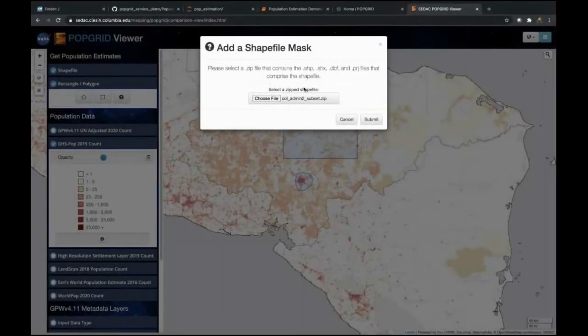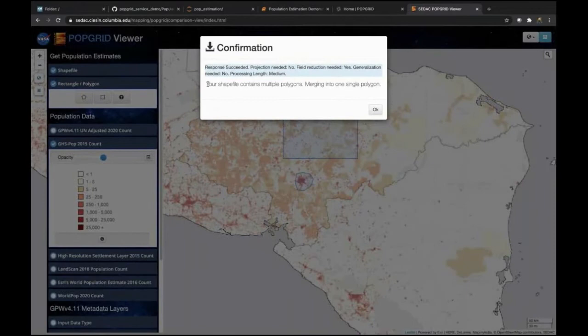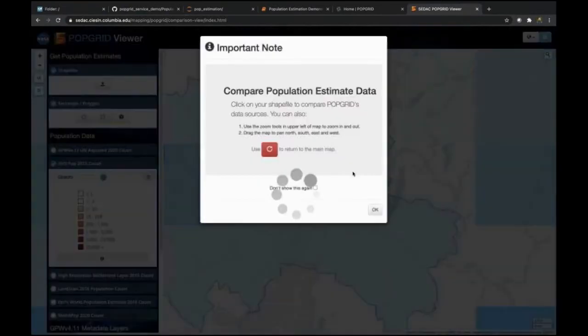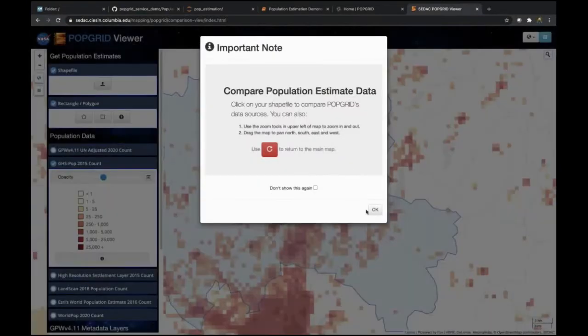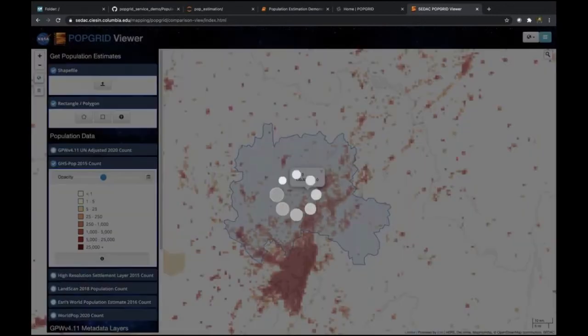When I open that up, it will validate the shapefile. And it notes that my shapefile contains multiple polygons, and it actually merges it into a single polygon, which may not be exactly what I want to do. But here is the result. Here's the polygon that's merged from all those polygons.